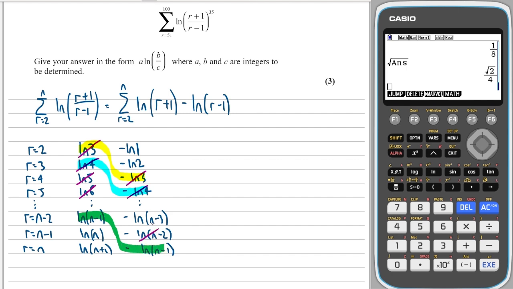So all of these on that side will cancel with ones above. So we're left with the summation from r equals 2 to n of ln of (r plus 1) over (r minus 1) will equal, first off, this is 0, so that will go. We've got these positive ones down here, so ln of n plus ln of n plus 1, and we've got one negative here, minus ln of 2.